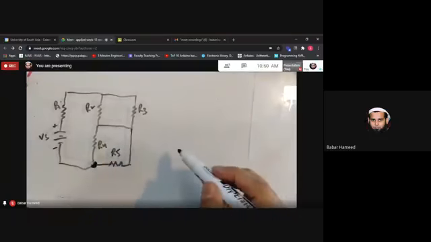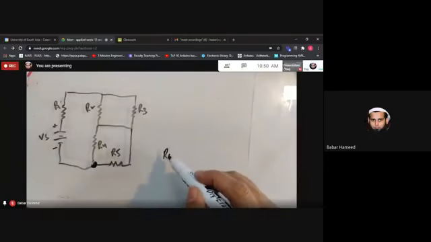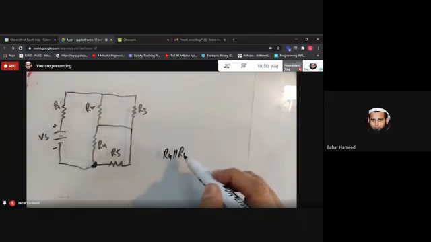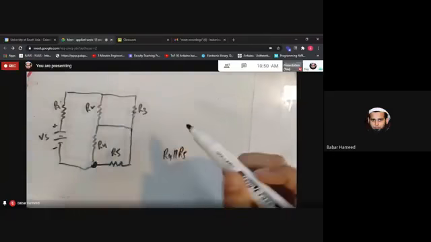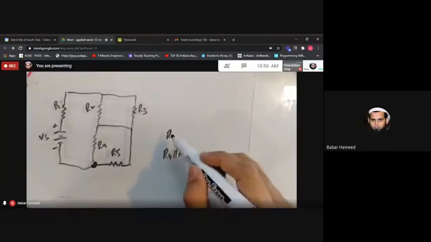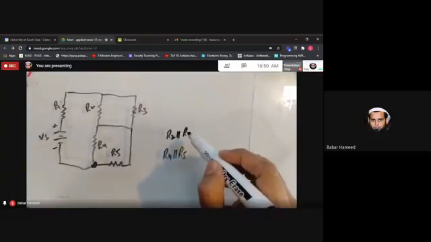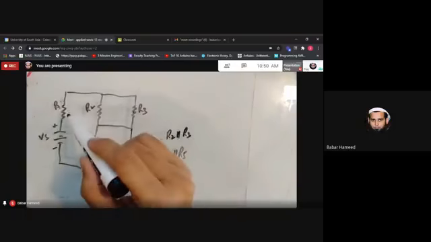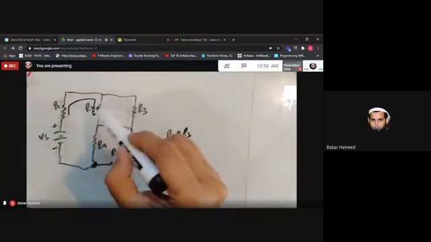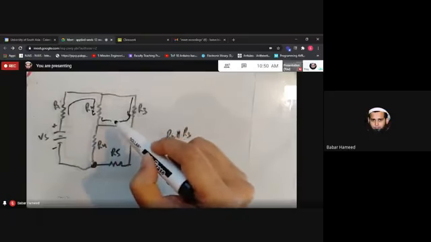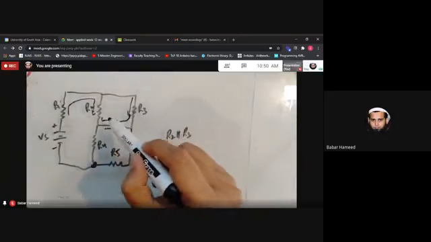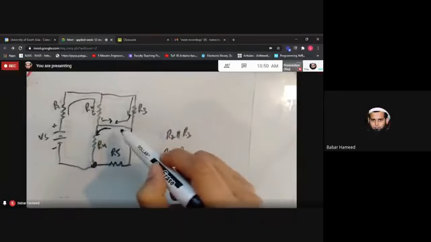So I identify that R4 is in parallel with R5. R2 and R3 are also in parallel, and current flows starting from here, divides here and combines again. After combination it's separated again.